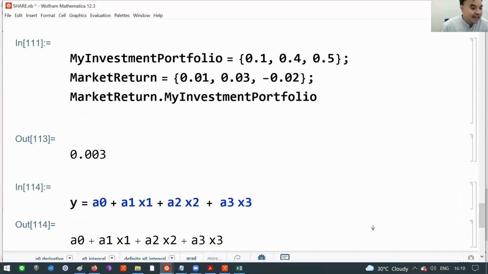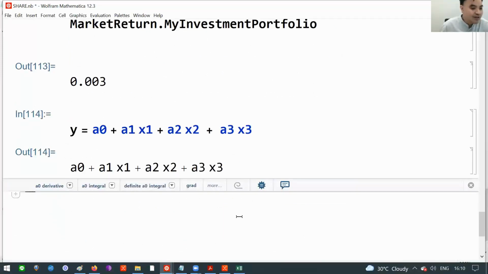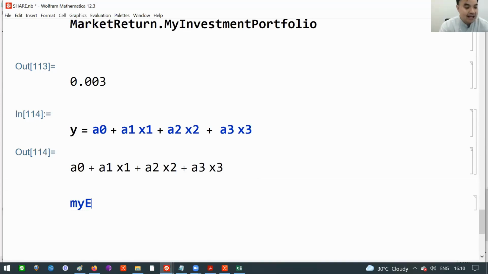What we want to do is to say my explanatory independent variable vector is equal to 1, x1, x2, x3.